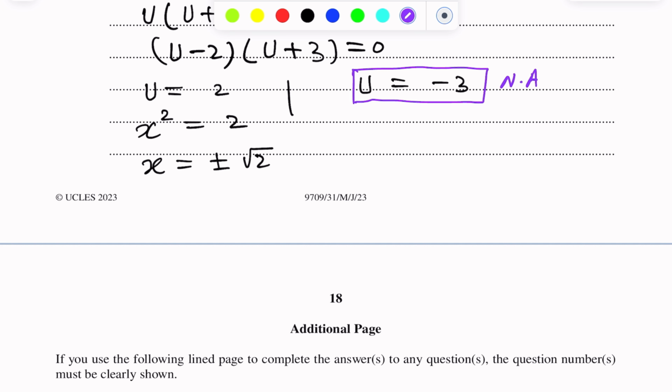So y is equal to under root 6 over plus minus under root 2. We cancel out under root 3 plus minus under root 3, so we get y is equal to plus minus under root 3.